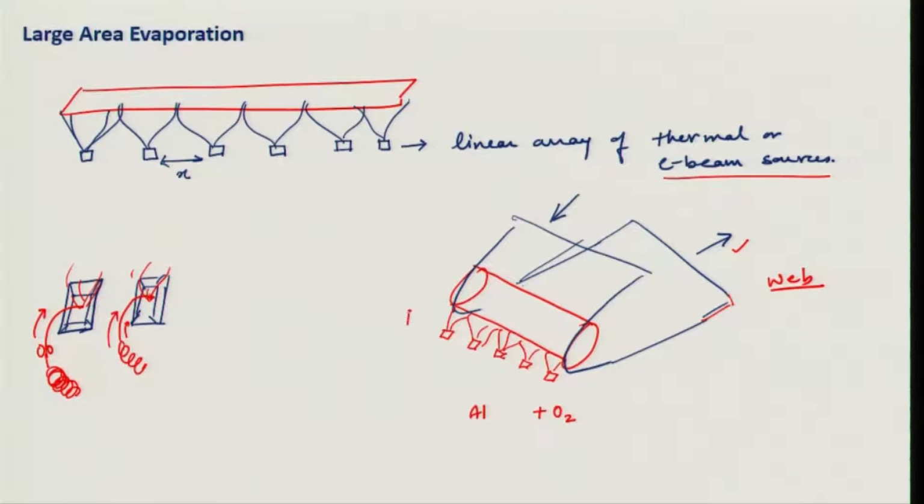You can put some oxygen nozzles right at these points, so that when aluminum is being evaporated and it is moving from source to substrate, it comes in contact with oxygen, and as we know, aluminum readily forms aluminum oxide, Al2O3. So, by the time it reaches there, it forms Al2O3.